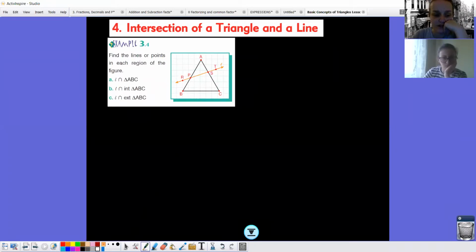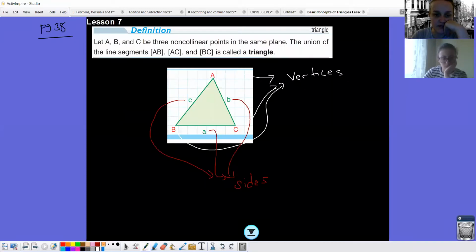By the way, let me show you also this part. This region is the interior region, and we show the interior of triangle ABC as int ABC, and outside of it is the exterior of triangle ABC. And the symbol of a triangle is this one.